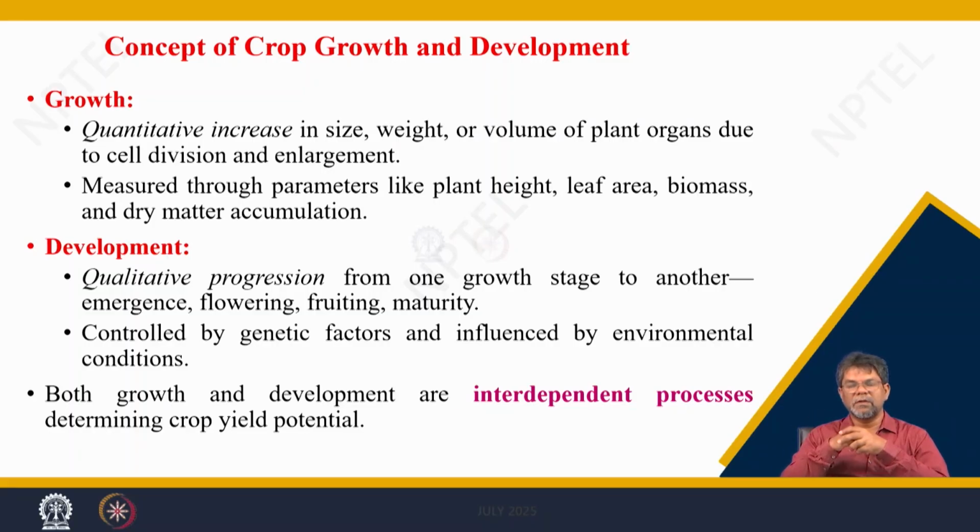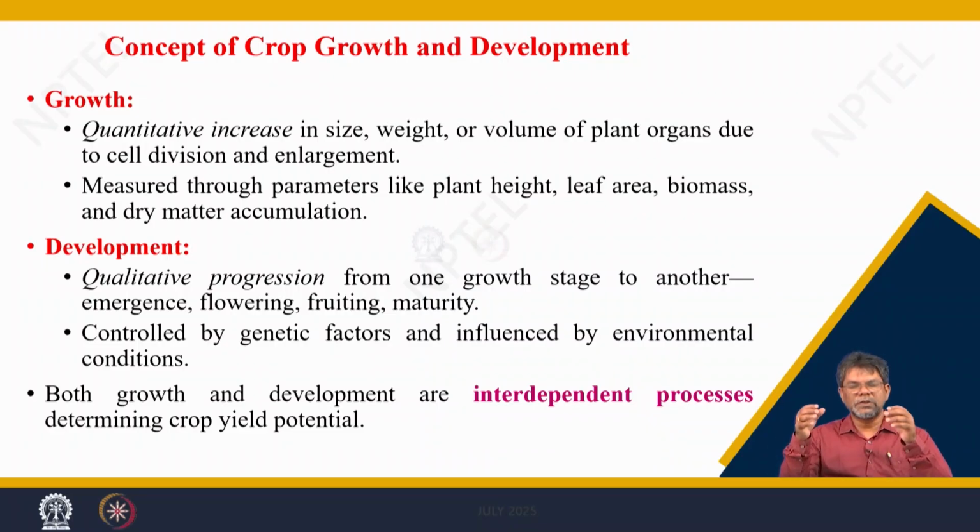So, these are the developmental phases which we do not measure as a quantitative term, rather we see them as a qualitative term, we can visualize this. You can see there is a leaf appearance, a branch appearance, a flower appearance, a fruit appearance, and the fruit is going to mature.